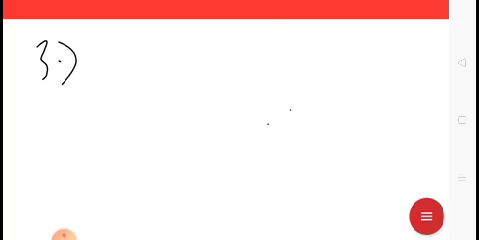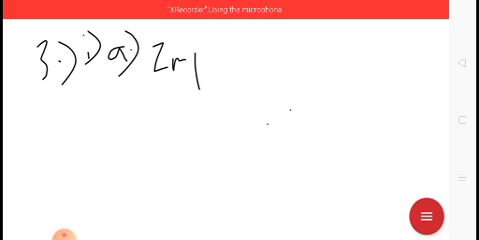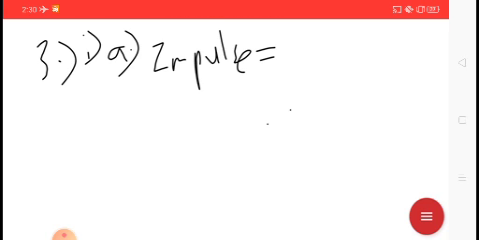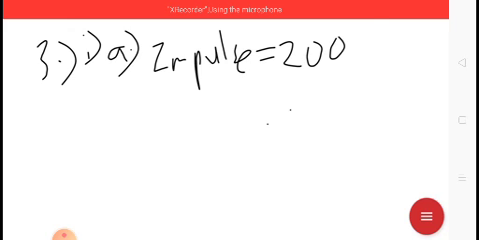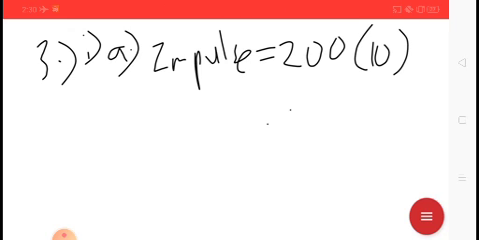So for the first part, A, by impulse, we know that the impulse will be equal to 200 Newton times 10 seconds, right? So you have 2000 Newton second.